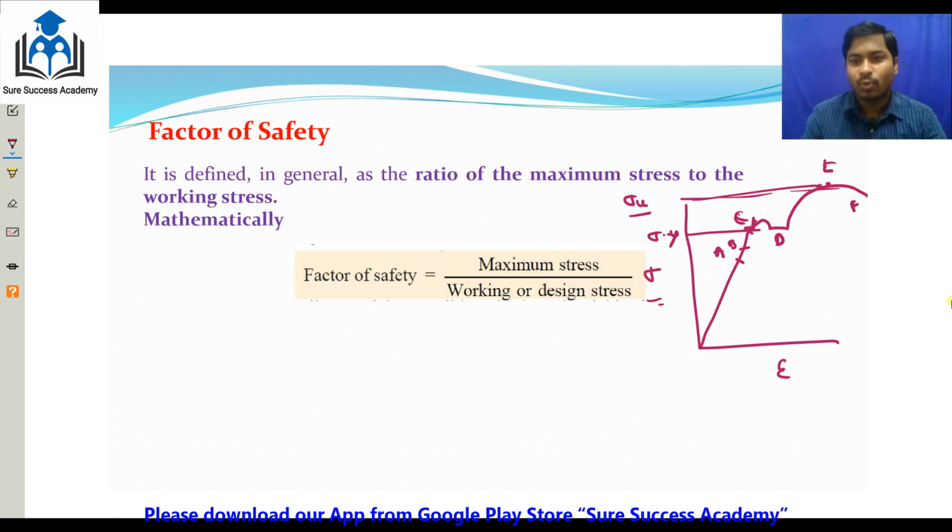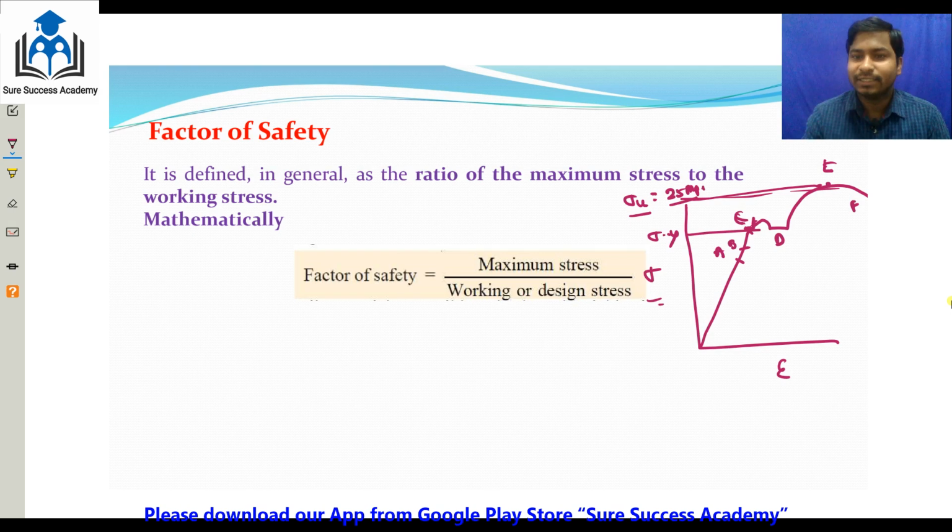So what does the factor of safety mean? You always work at a stress which is lower than the maximum stress, the maximum load taken by the member. Suppose the ultimate stress is 250 MPa. You work a machine such that the stress is lower than 250, and then only the material will not fail. If you work above 250, what will happen?